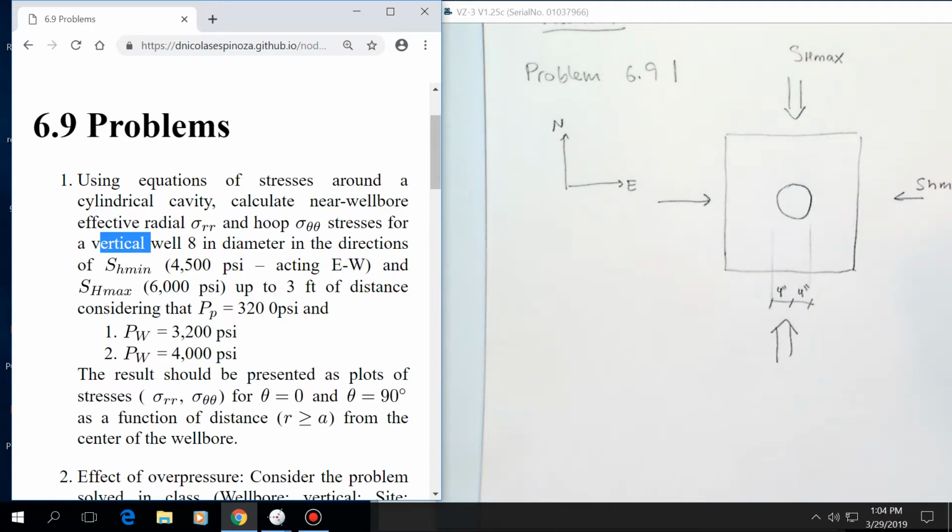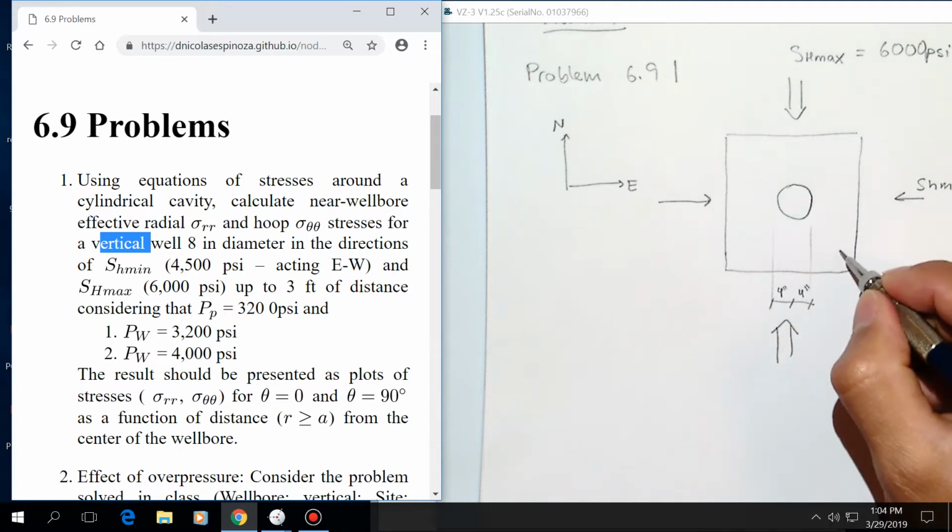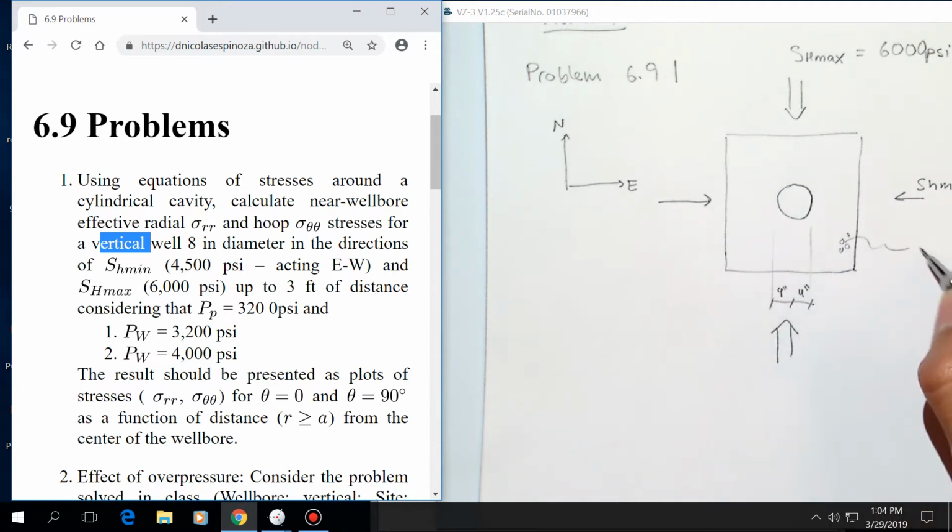I know those values too. SH min 4500 psi, SH max 6000 psi, and what else? The problem asked me to solve stresses from the wellbore wall up to 3 feet of distance from the center, and I have also a pore pressure, which has a small typo in there.